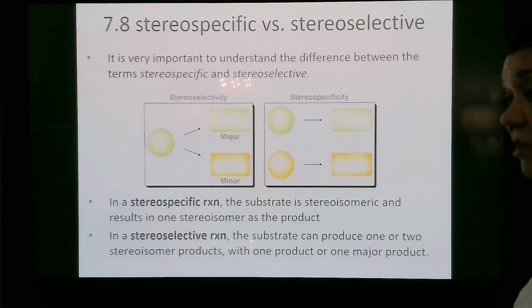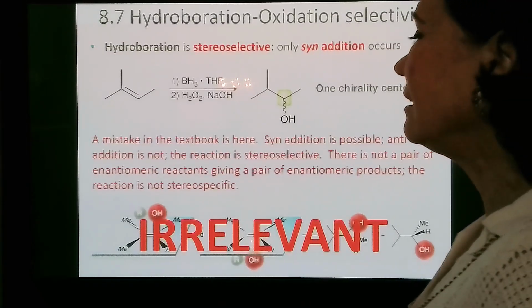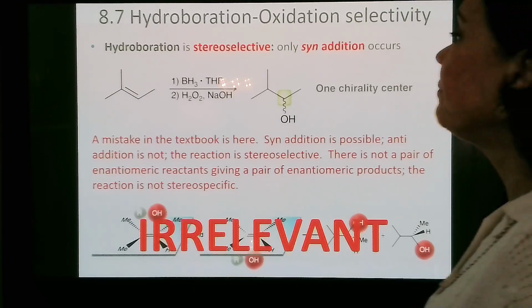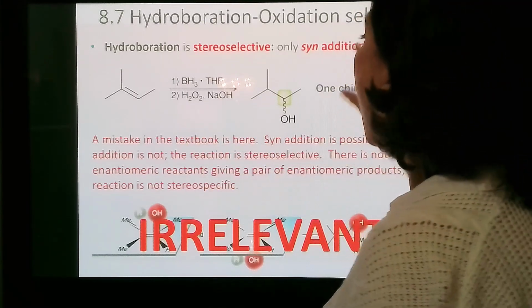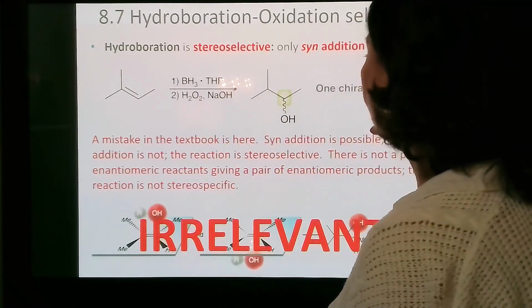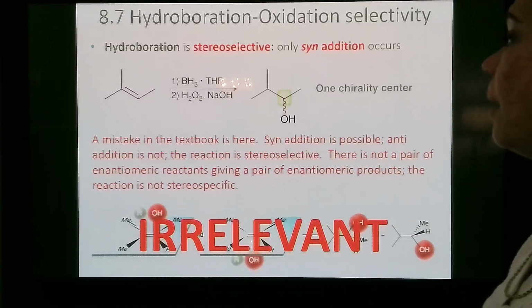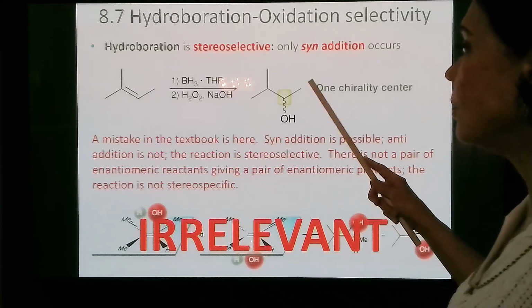And as a matter of fact, in your textbook, it isn't explained clearly at all. So hydroboration is stereoselective. Okay? Only syn addition occurs. Yes, there's one chirality center, but that doesn't matter. That's not what is important in this reaction.